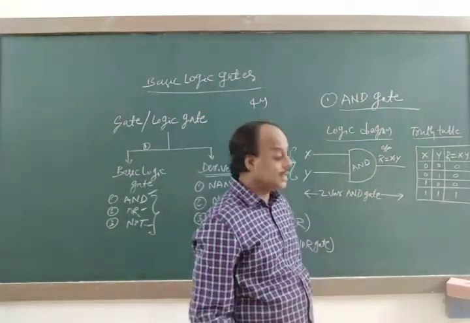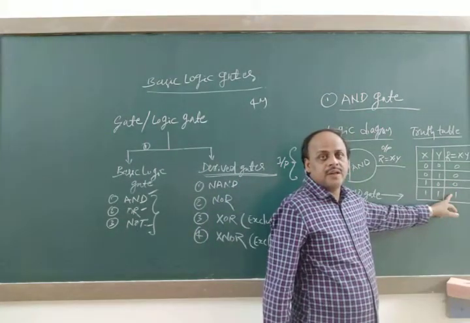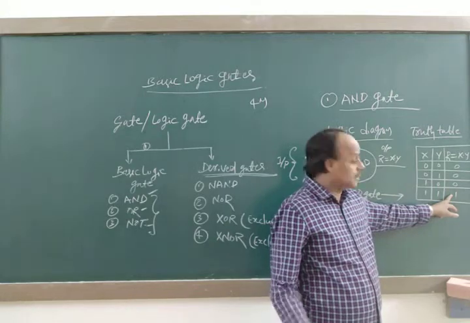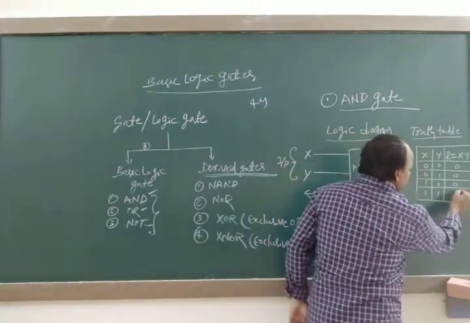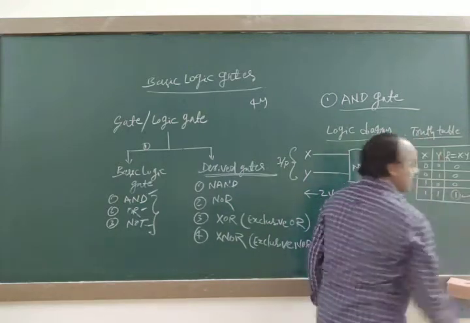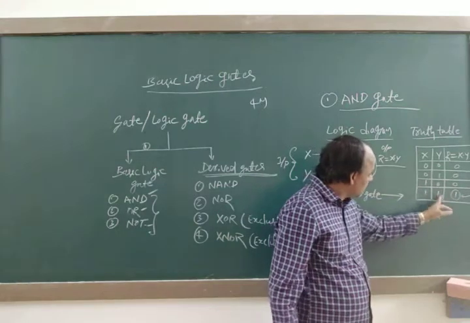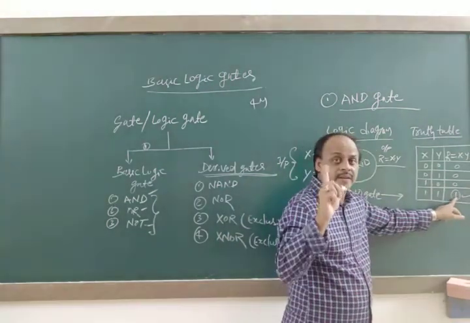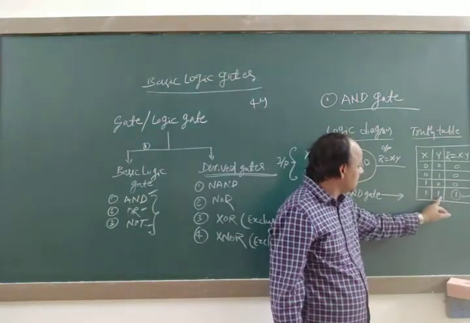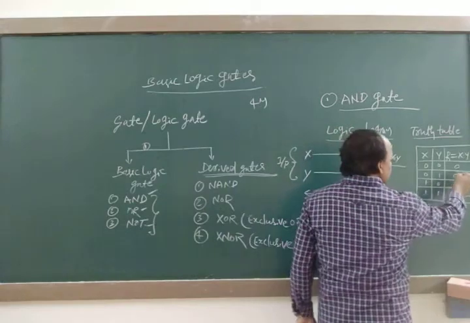The AND gate is one of the basic logic gates in which the result is high if and only if both the inputs are high. In other cases, low, that is 0 0 0.